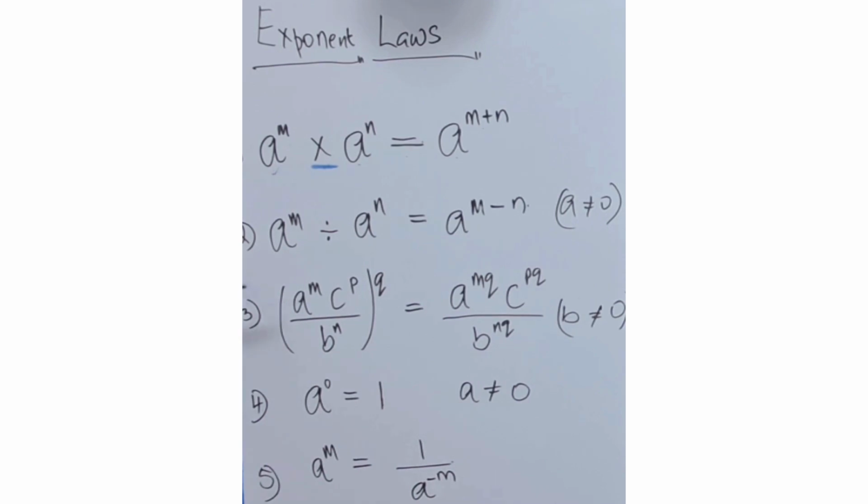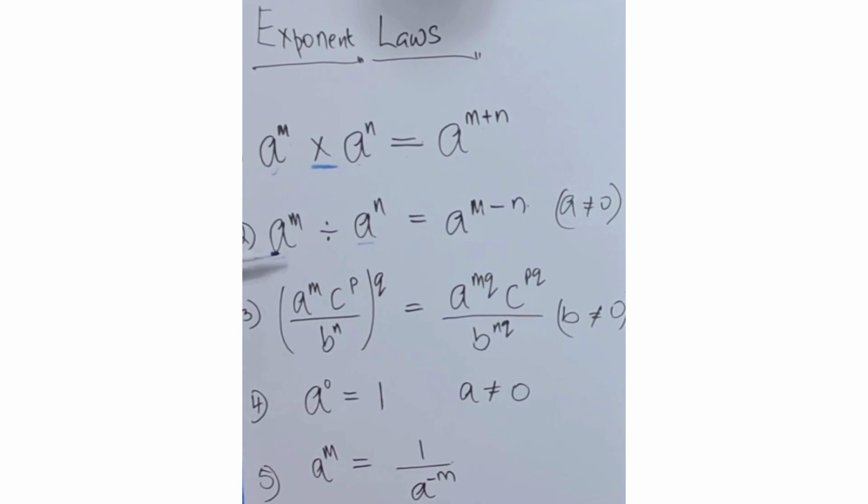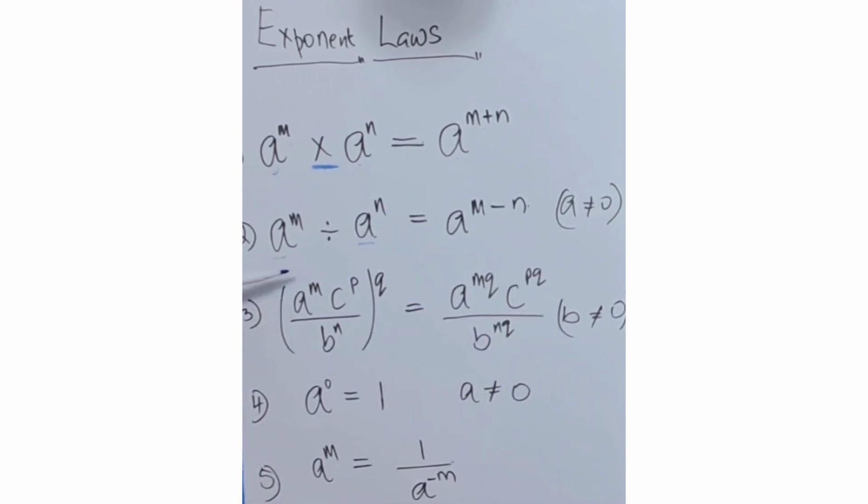Okay, so let's go to the second law, or law number 2. Law number 2 says if the bases are the same, in this case we have a and a, and we are dividing, what do we do to the exponents? We subtract the exponents. I'll repeat.